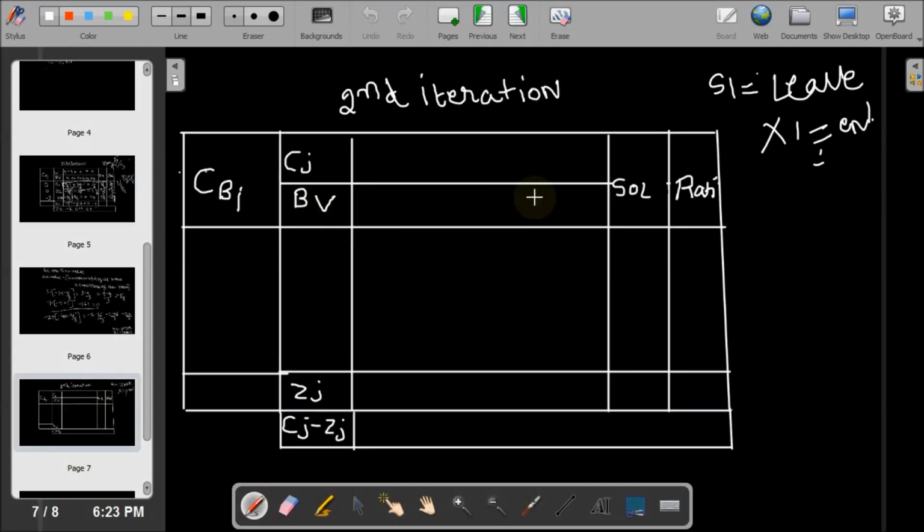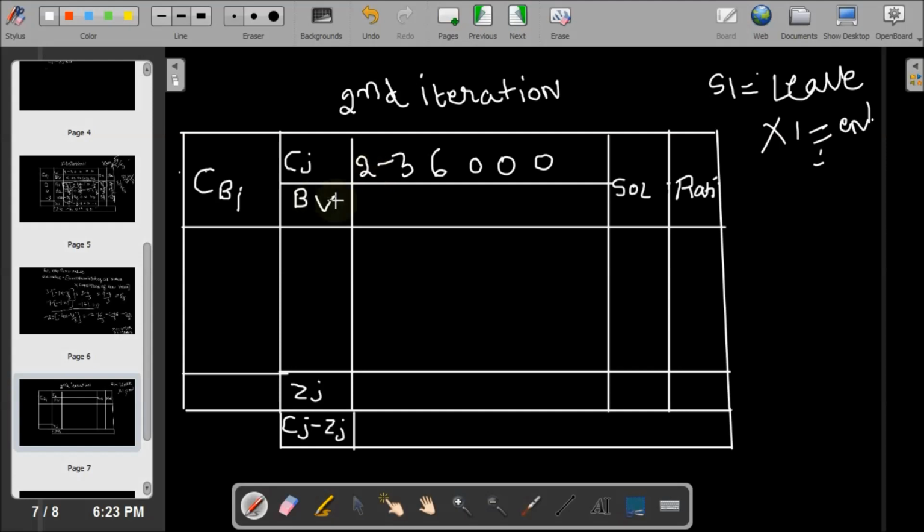Getting, guys? So now I will write the Cj values. The Cj values will be the same: 2, minus 3, 6, 0, 0, 0.